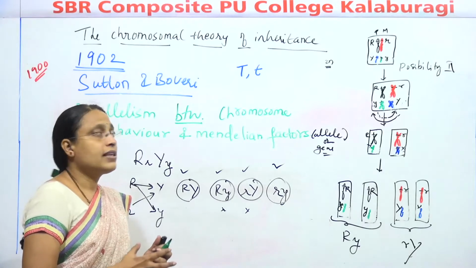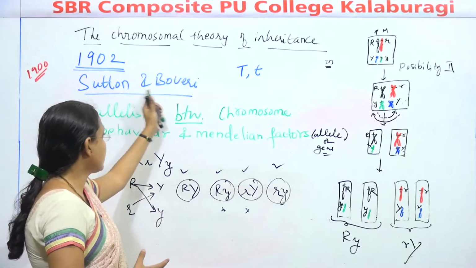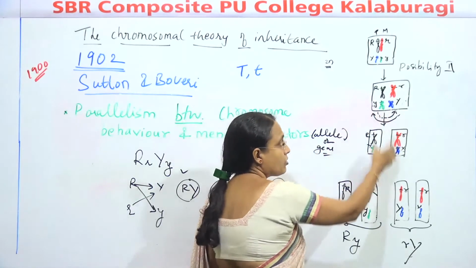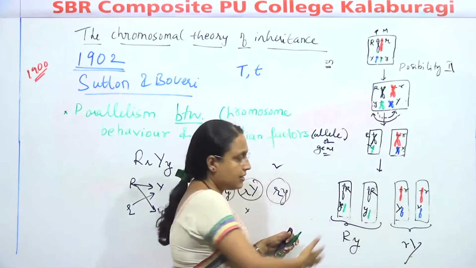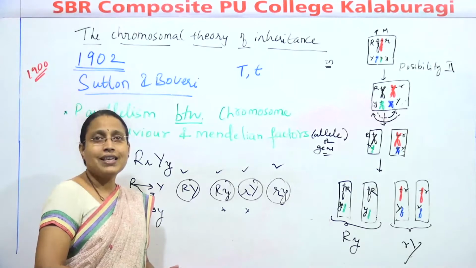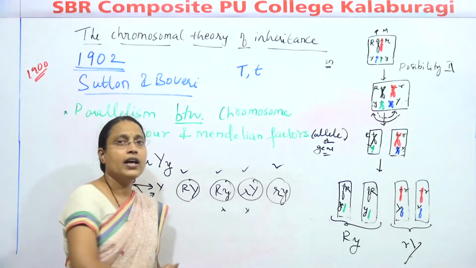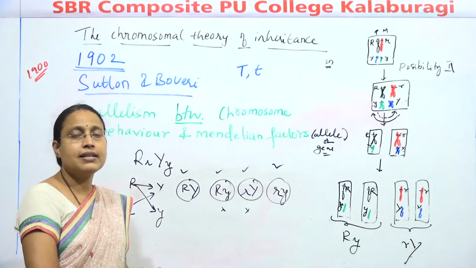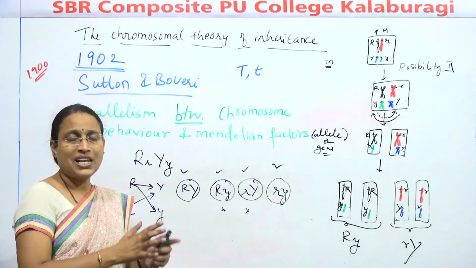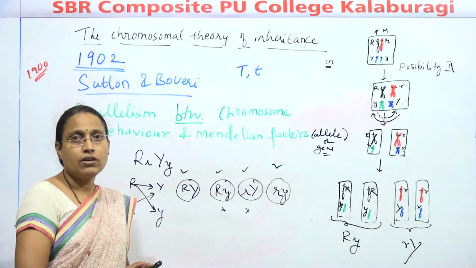According to the chromosomal theory of inheritance, or according to Sutton and Boveri, the chromosomes will undergo independent assortment during gamete formation. These are the gametes produced. And what does Mendel say? The factors will assort independently during formation of gametes. As a result, this is the 6th parallelism or similarity between the Mendelian factors and chromosomes.